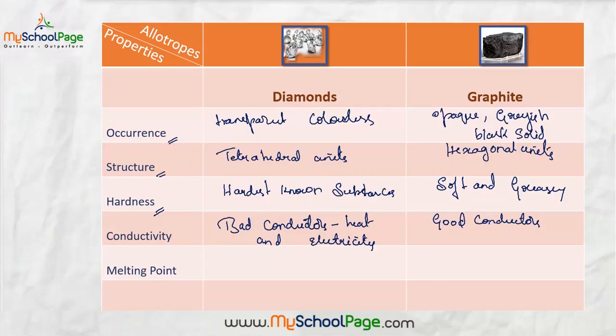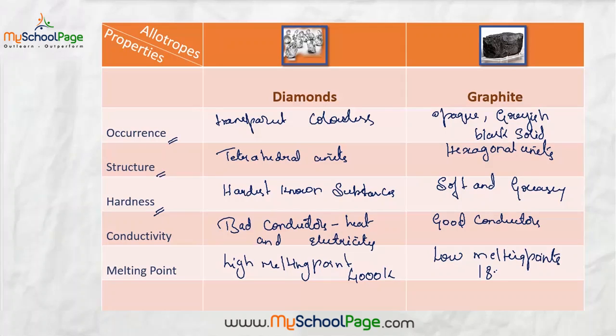We know graphites are good conductors because of the presence of free electrons. Diamonds have a very high melting point, whereas graphite has a comparatively low melting point. The melting point of diamond is said to be around 4000 Kelvin, whereas graphite has 1800 Kelvin.